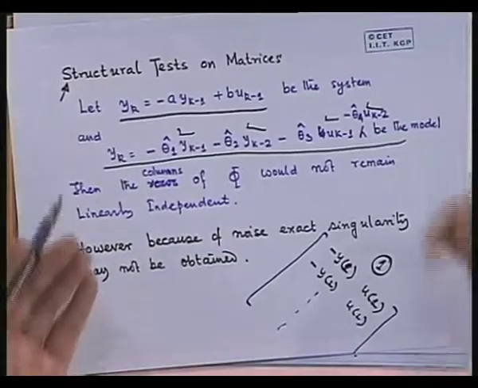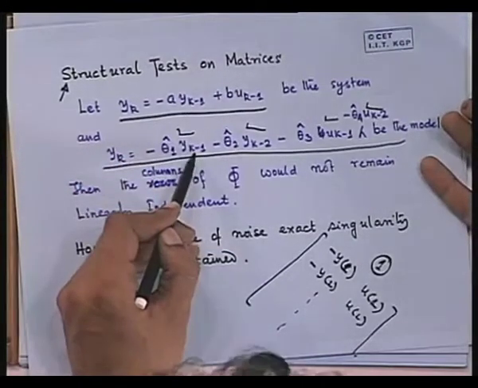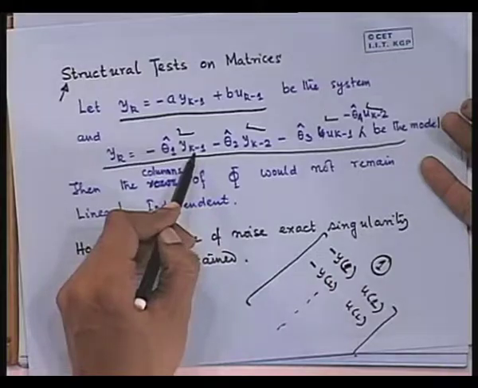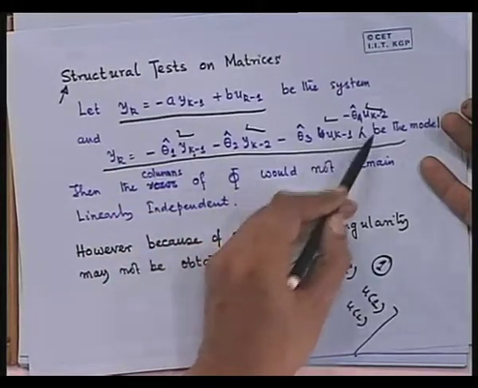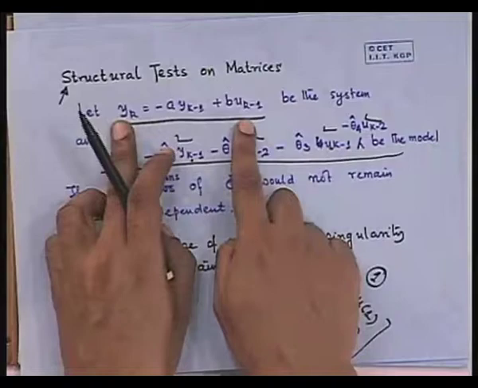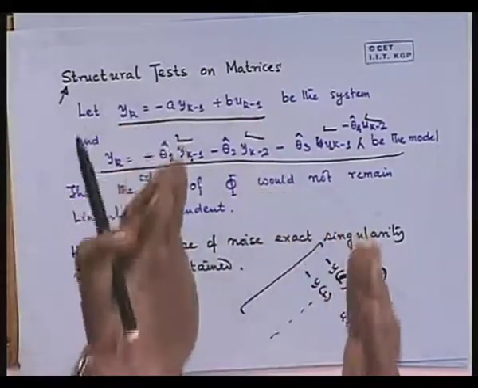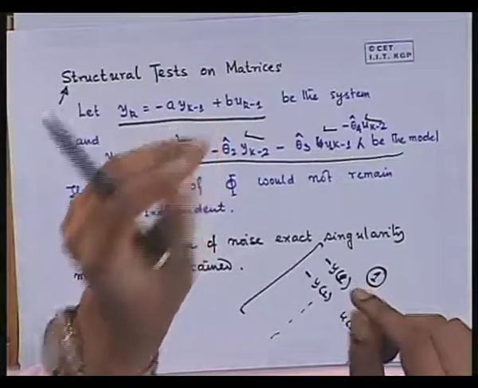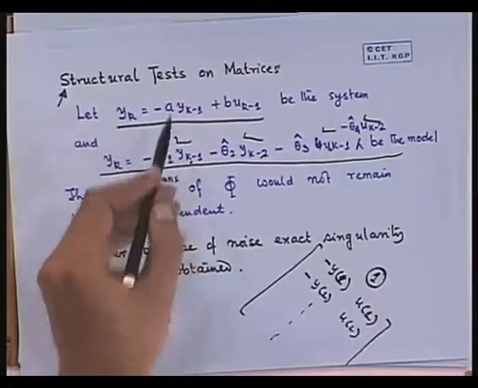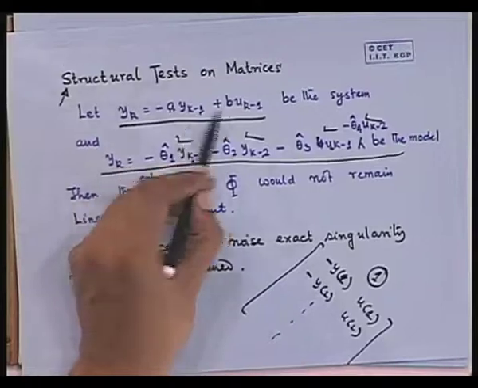Now obviously you know that yk minus 1 is a function of yk minus 2 and uk minus 2, because the system is like that. The true data which you are putting in the matrix, yk minus 1 will be equal to minus a yk minus 2 plus b uk minus 2.